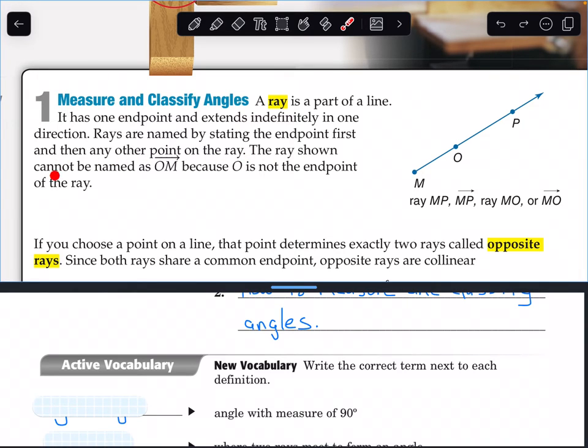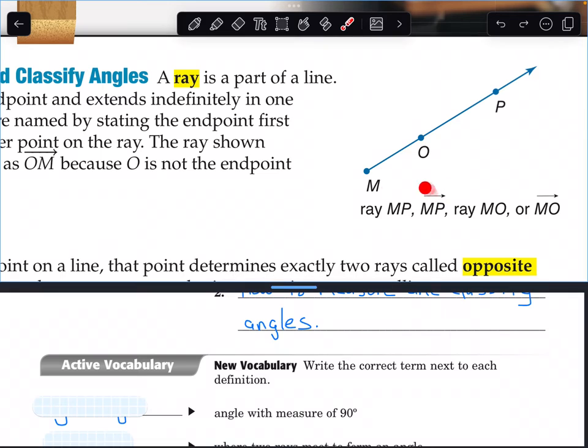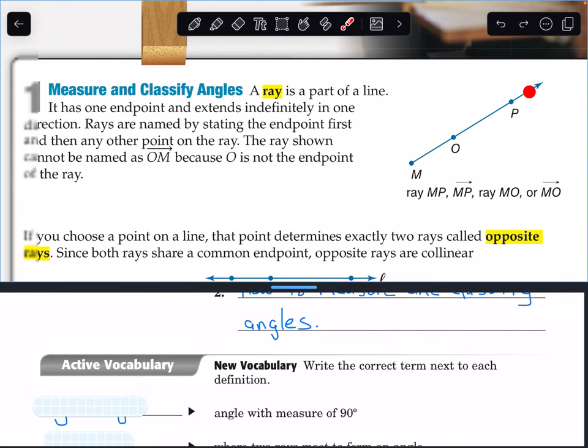The ray shown cannot be named as ray OM because O is not the endpoint of the ray. So here's a ray here, goes out that way. O is only in the middle, so I guess you have to start with M. Ray MP, you notice the symbol used there instead of the whole word. Ray MO or ray MO. You got to start with M, you can end with any other letter.